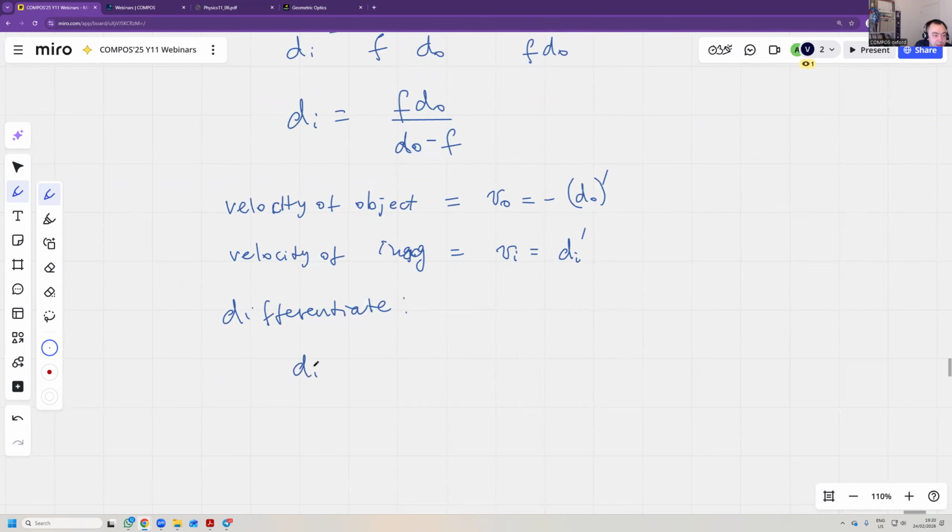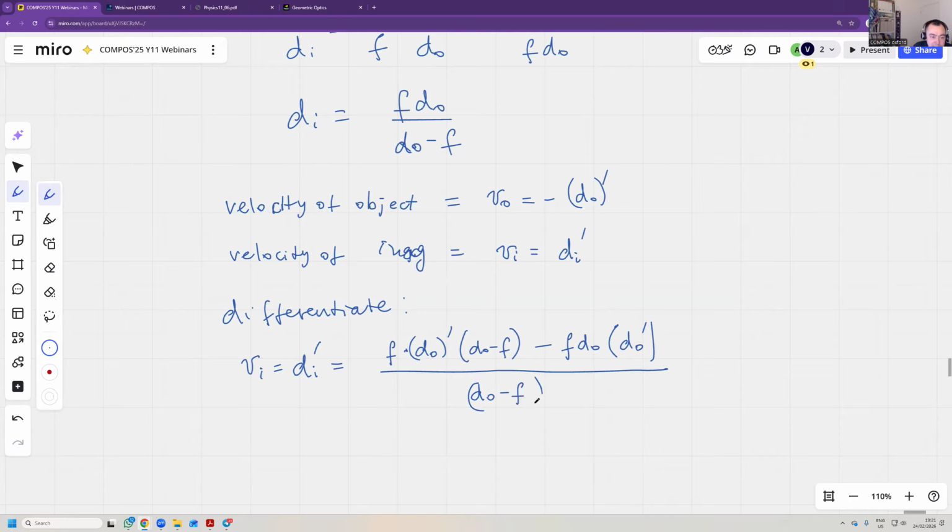So di dash, which is vi, is equal to f multiplied by d0 dash multiplied by d0 minus f, minus f d0 multiplied by d0 dash, divided by d0 minus f squared.